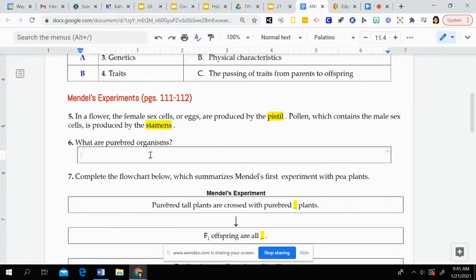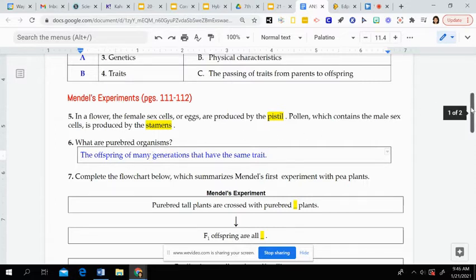Purebred organisms are considered to be the offspring of many generations that have the same trait or those physical characteristics.